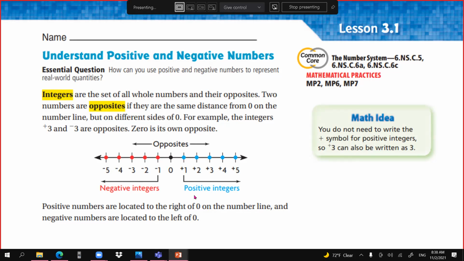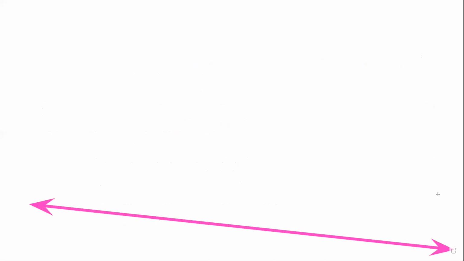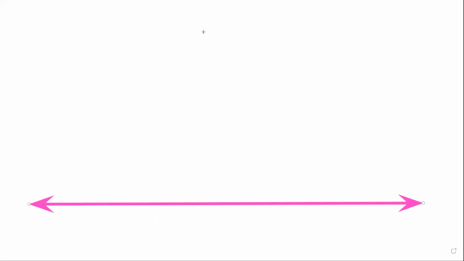If you remember, we have something we call the number line, and this number line contains a lot of numbers. Here we have number 0. Here we have 1, 2, 3, 4, and 5.